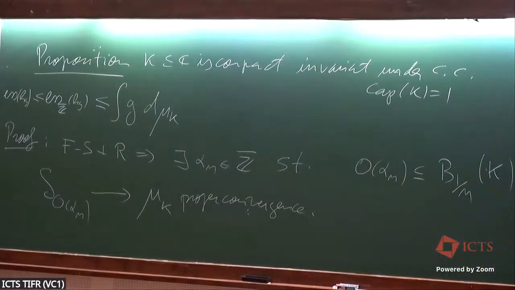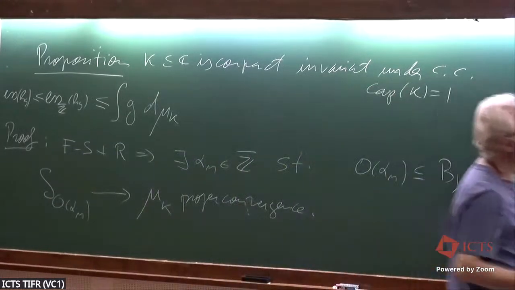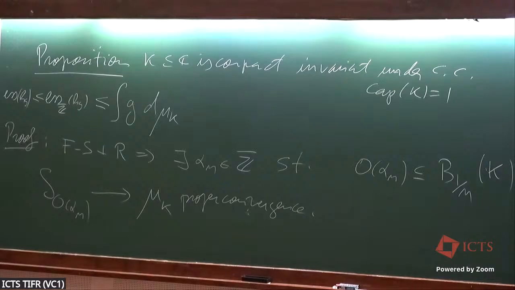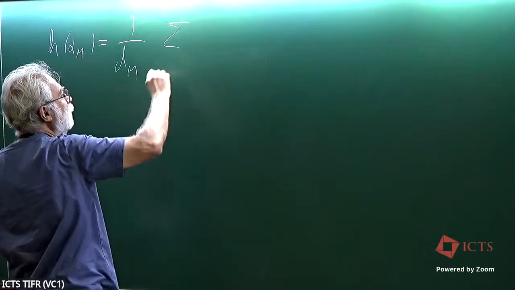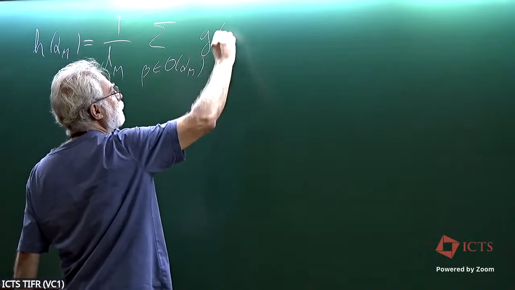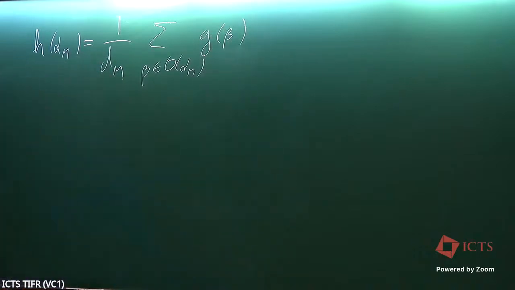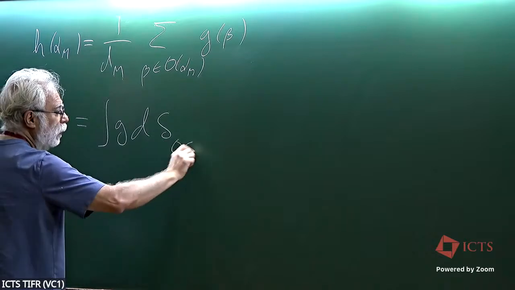Now, what is then the height of alpha n? Since the alpha n are algebraic integers, this will be equal to 1 over the degree of alpha n, and then the sum over all beta inside the orbit of alpha n of the function g evaluated at beta. But now we see that this is nothing else than the integral of g with respect to the counting measure of alpha n.